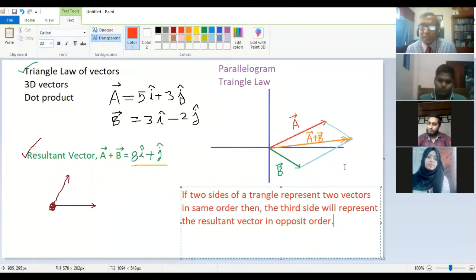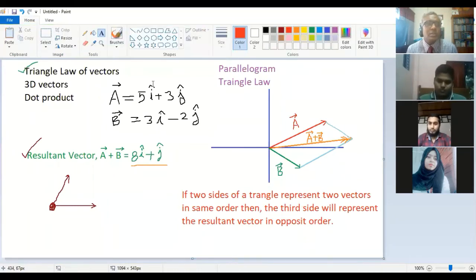So as a triangle, what are the triangles we see? Actually, we see two triangles here. So no problem, you can consider any triangle, upper one or lower one, it does not matter. Say this is our triangle, we are thinking about that. Now you find out what I have written, then you will understand.